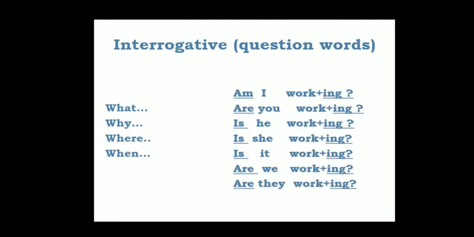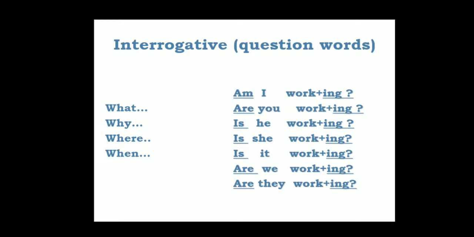The present continuous in the interrogative form with what, why, where, when, etc. So what, for example, plus am plus I plus verb plus ing. For example, what am I working? Why are you working? Where are you working? Or when is he or she working?